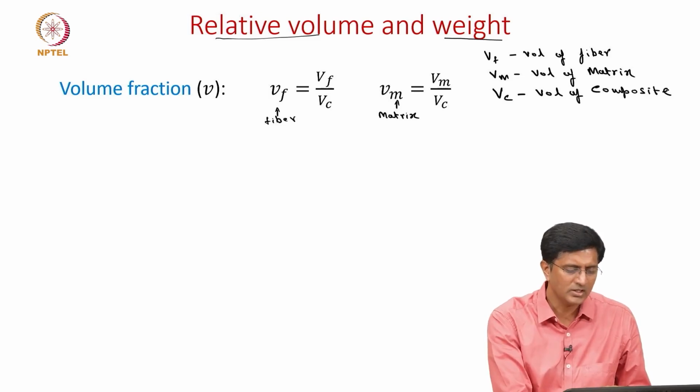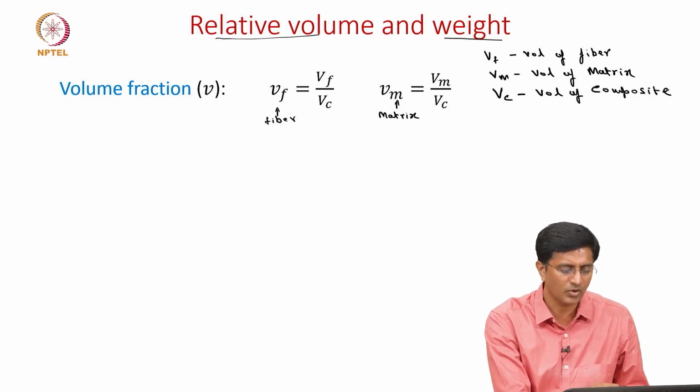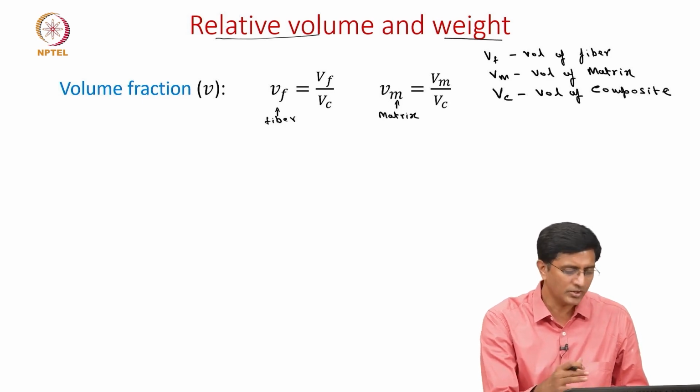So as we can see, it is self explanatory: the volume fraction of fibers is the volume of fibers divided by the volume of the composite. Similarly, the volume fraction of matrix is the volume of matrix divided by the volume of composite.